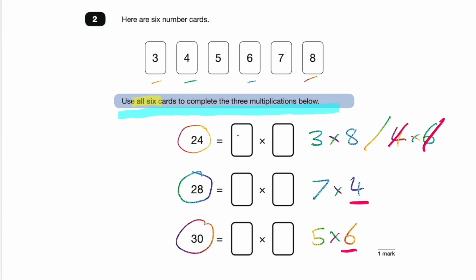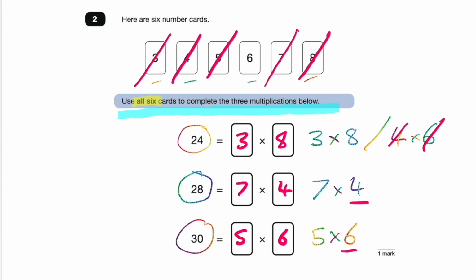So I'm going to have to stick with 3 times 8, 7 times 4, and 5 times 6. Does that use all of our numbers? Let's just check. 3, 8, 7, 4, 5, and 6. Yes, it does. The trick of this question would have been this first one, making sure that we actually understand that there were 2 options and making sure that we pick the right one with the numbers that we had left.